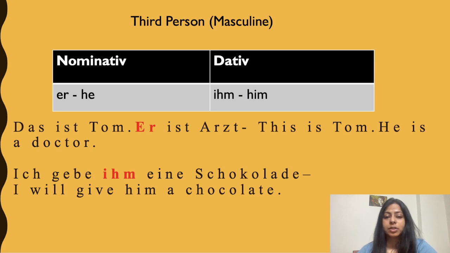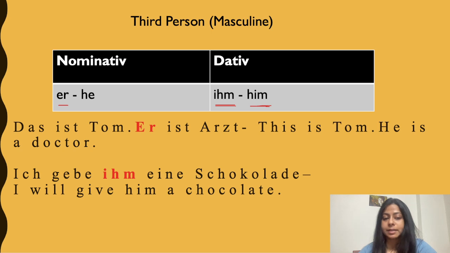Das ist Tom, er ist Arzt. Now for er, the dative personal pronoun is ihm. So er means he and ihm means him. This is Tom, he is a doctor. Ich gebe ihm eine Schokolade.